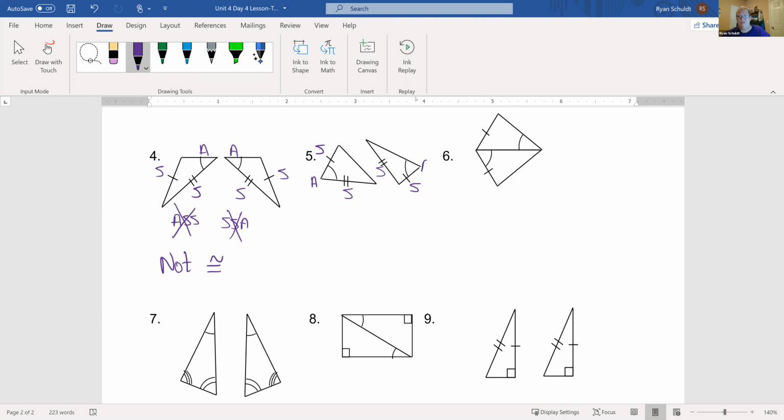This one, the angle is not. Are they in the same order? They're not in the same order. So therefore, these are not congruent.